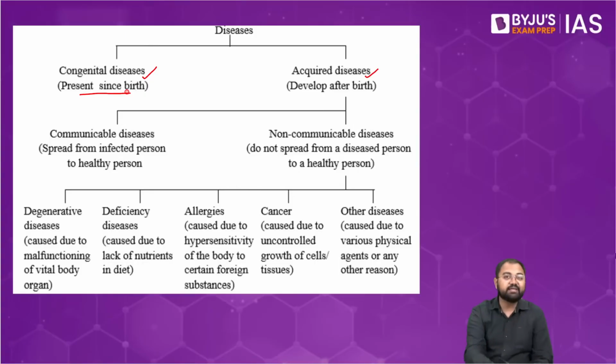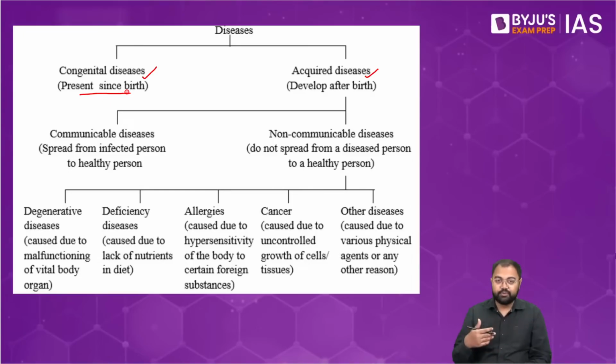Congenital diseases, for example, could be some kind of genetic disease that the child has been born with, or a precondition that the child was born with. For example, there are children who are born with some kind of small hole in the heart. Those kinds of things are called congenital because that's a pre-existing condition in them.